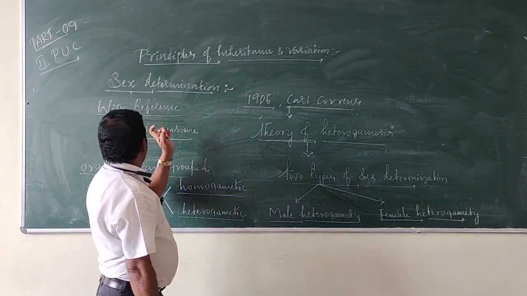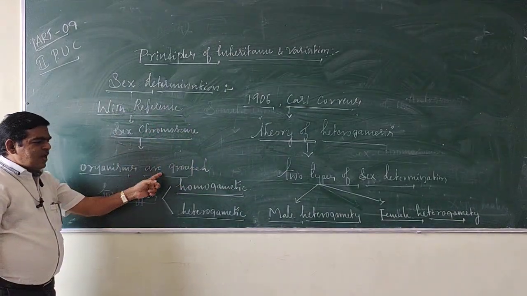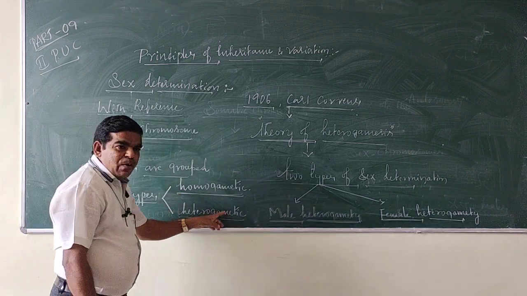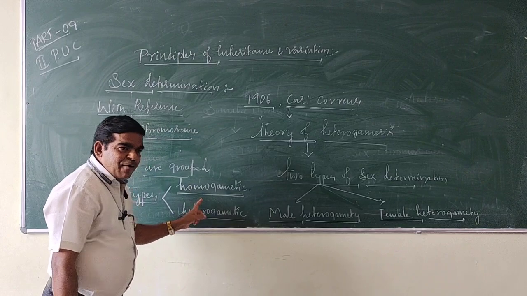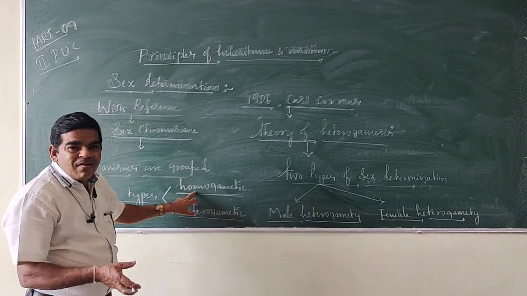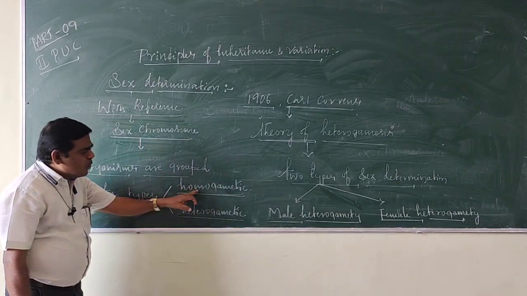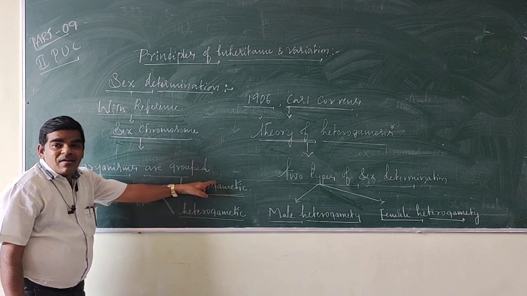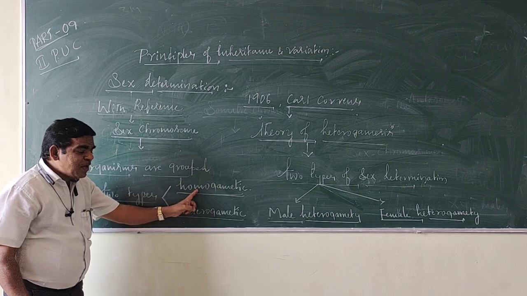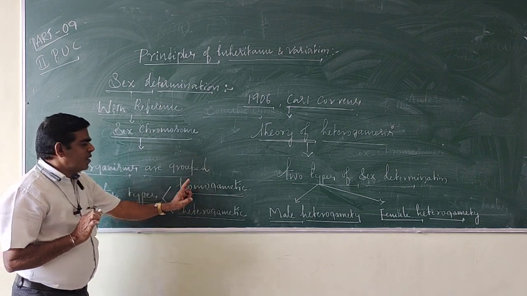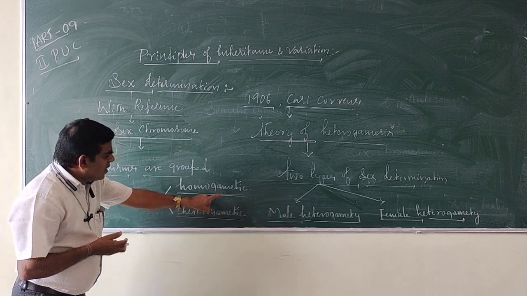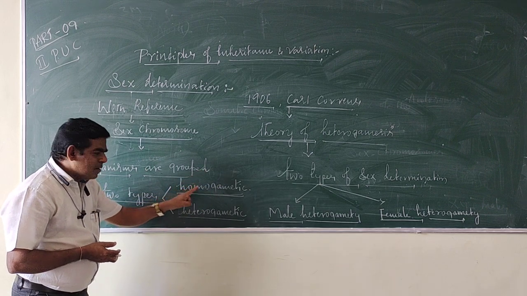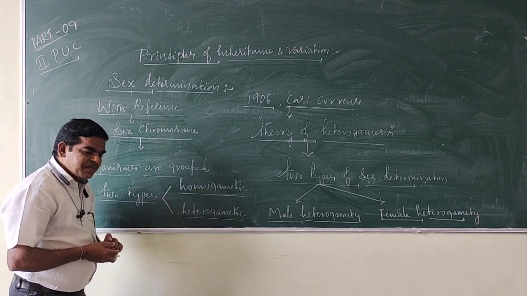Clear? With reference to the sex chromosome, organisms are grouped into two types: homogametic organisms and heterogametic organisms. Homo means similar, so homogametic organisms produce similar gametes.